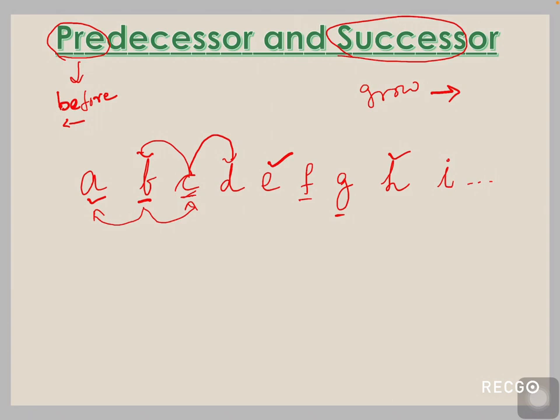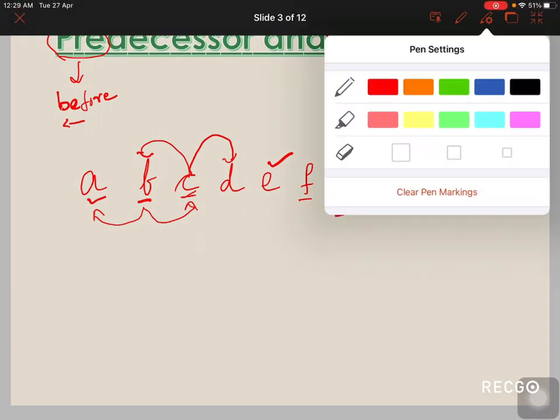Clear? So predecessor means before. Now in number form, what is before and after? How do you decide it? As I told you, if you go one step back and one step ahead, you will get predecessor and successor. That means just one step.